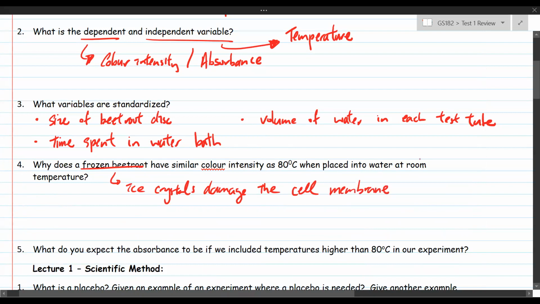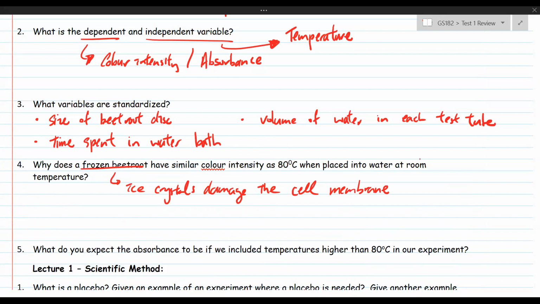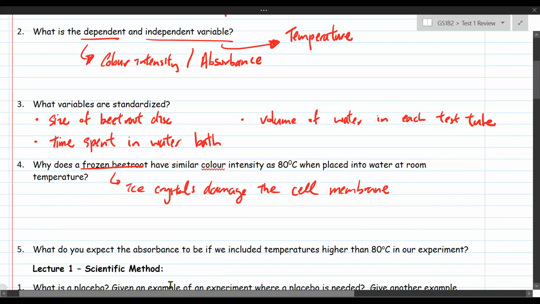So when you thaw it at room temperature, everything just leaks out because the membrane is already damaged. When all the color leaks out, it's as if the membrane is very permeable.